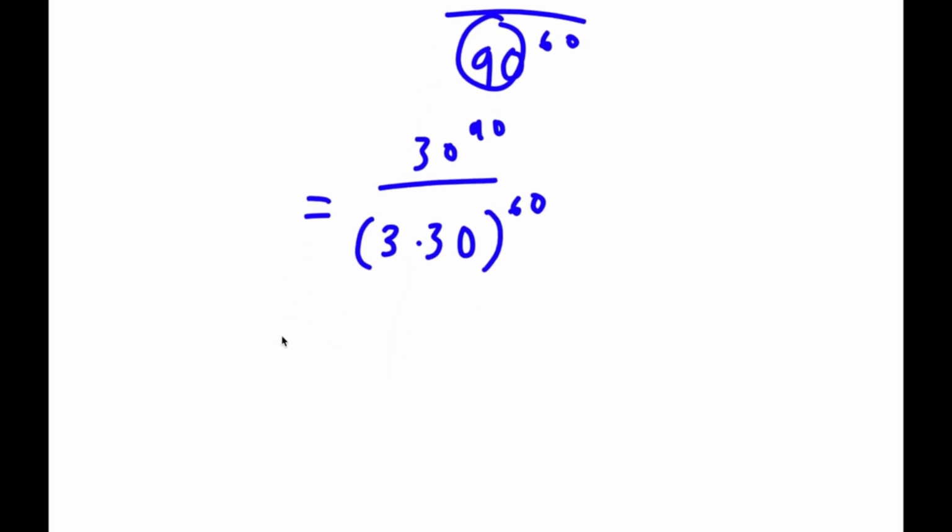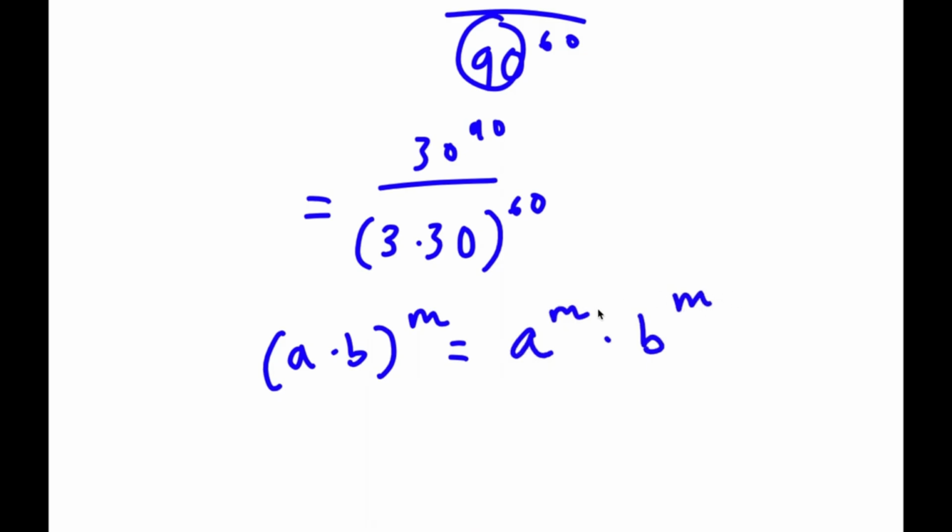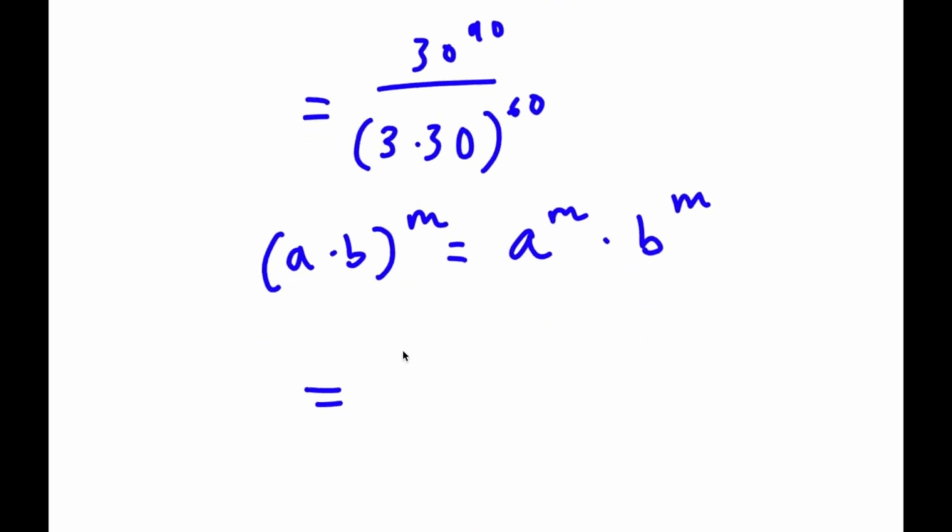Now, if I have something in the form a times b to the power of m, this is equal to a to the power of m times b to the power of m. So in this case, I have 3 times 30 to the power of 60, and that's going to equal 3 to the power of 60 times 30 to the power of 60.